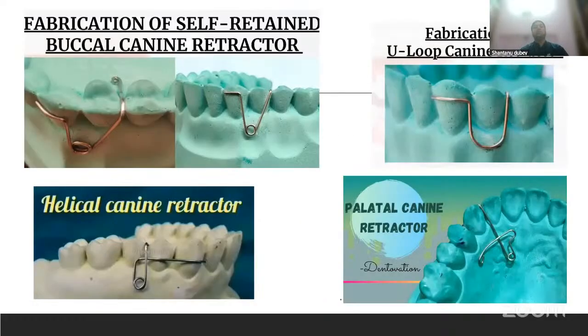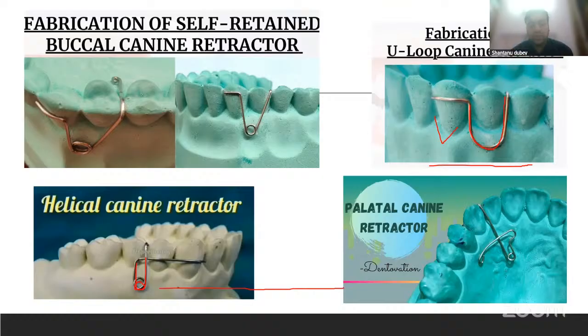Now, U-loop canine retractor. This is a buccal canine retractor, this is the U-loop canine retractor. Imagine this length; if I straighten it, this is the entire length. This is the helical canine retractor. If I straighten this out, it is maybe around this much.